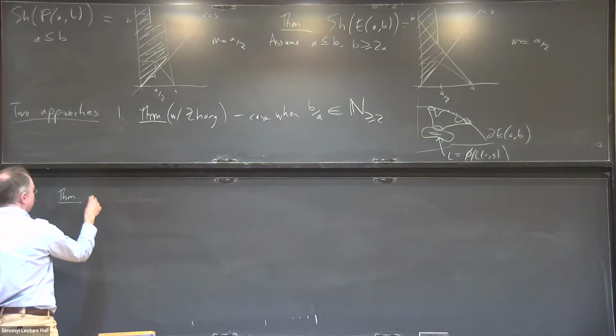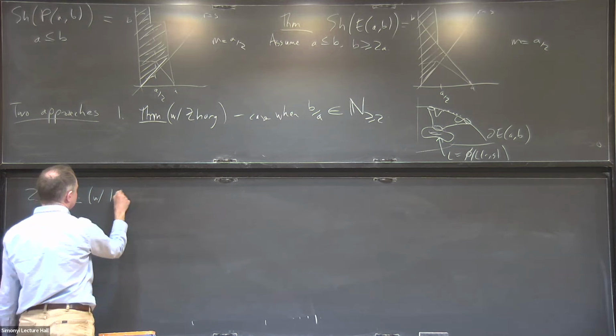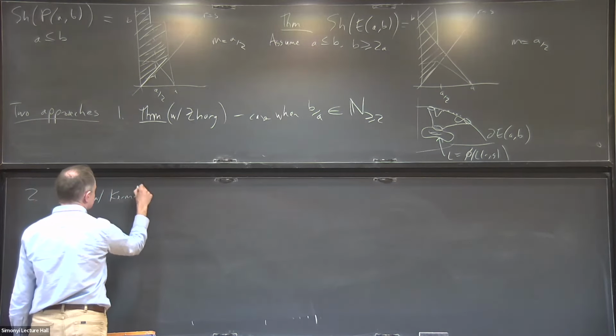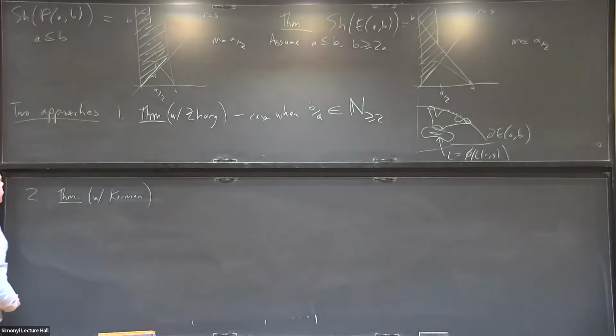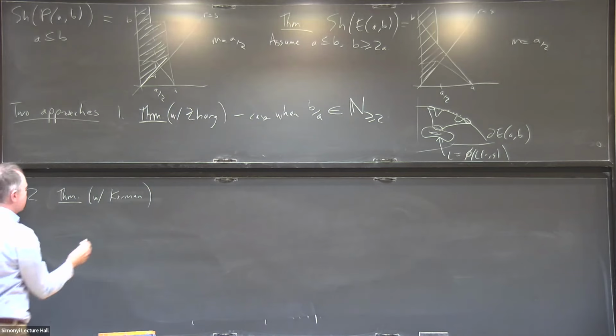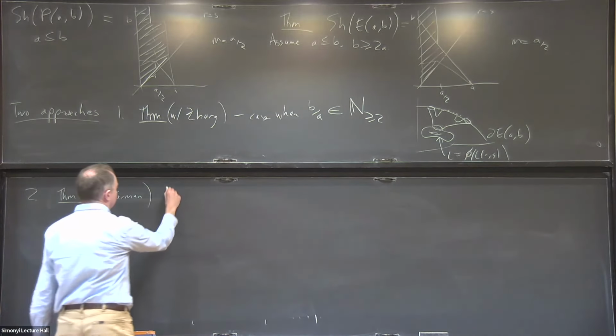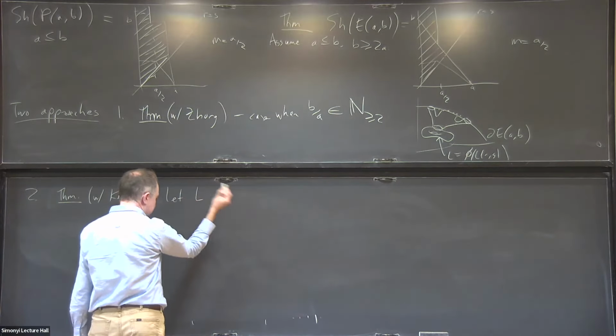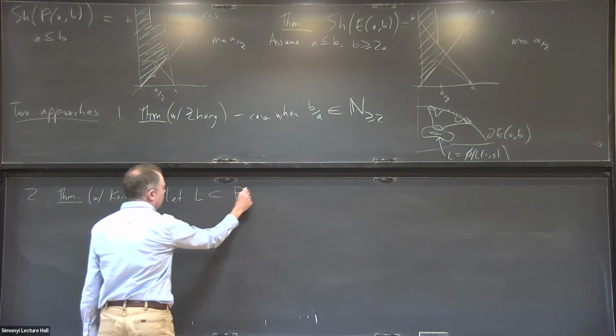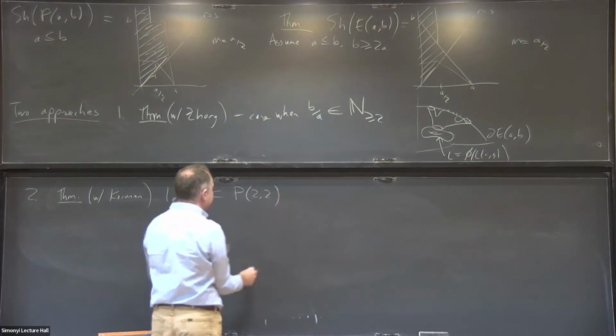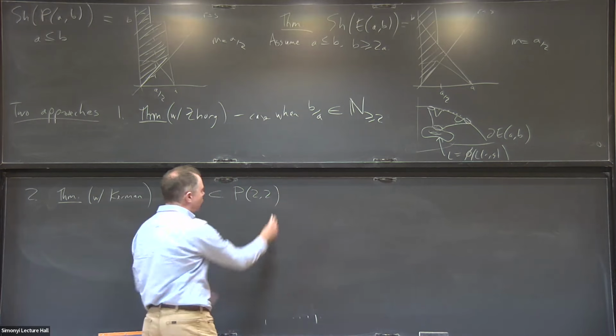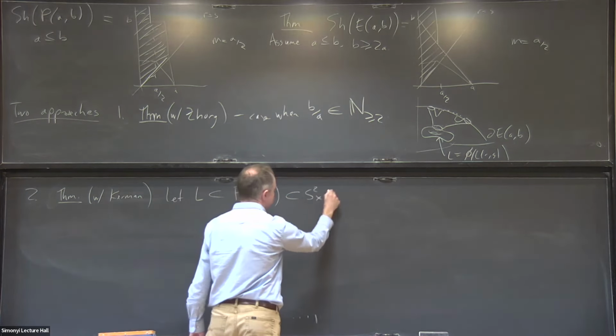There's a theorem with Kerman about Lagrangian intersections. As a warm-up, suppose L is a Lagrangian torus, maybe sitting inside a polydisk, or if you like, it's also true in S2 times S2.